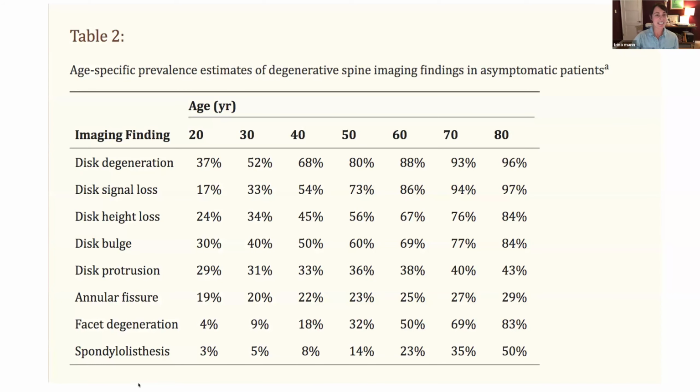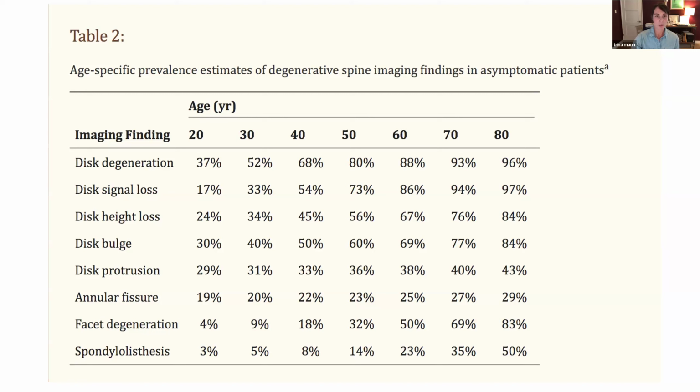Brinjikji and his colleagues came up with. So at this axis up here near the top, you'll see the age of the individuals that we're looking at. And this is the percentage of the people that were looked at in that age group that had these presentations. So 37% of the images of the 20-year-olds had disc degeneration signs on an image, but no instance of pain.